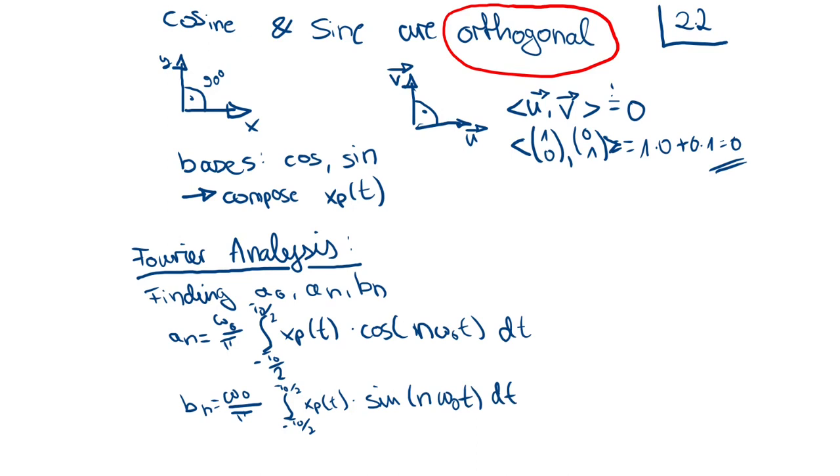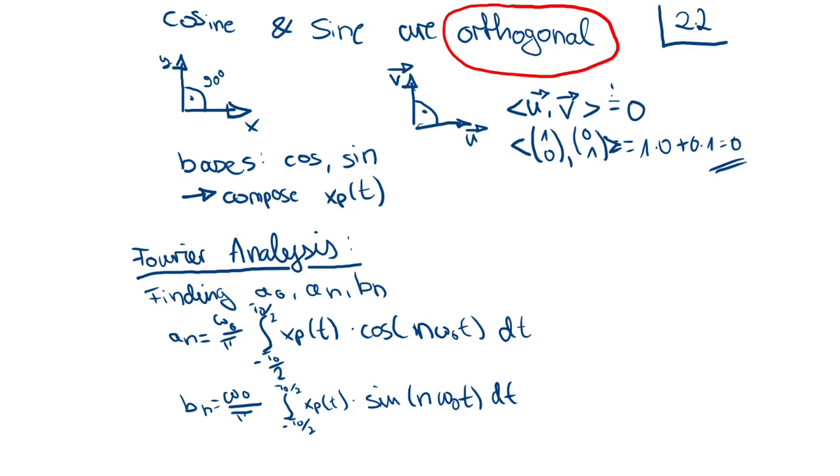So those are the formulas that we will also find in the lecture notes, and they are derived by using the orthogonality property of the sine and cosine functions.